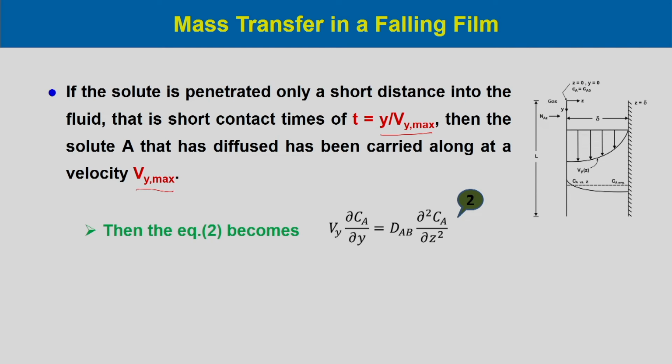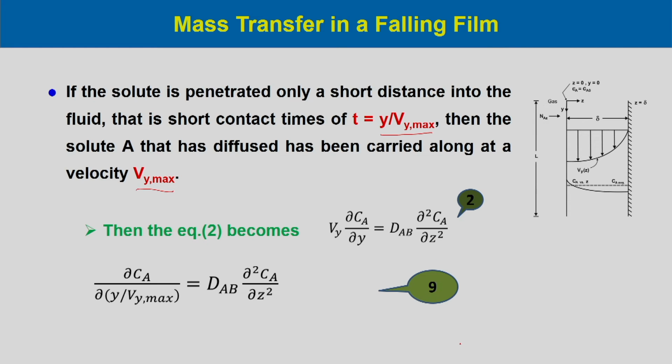So, then equation 2, V y del C A del y is equal to D A B del 2 C A del z 2, would become V y max del C A by del y is equal to D A B del 2 C A del z square. So, this is equation 9.